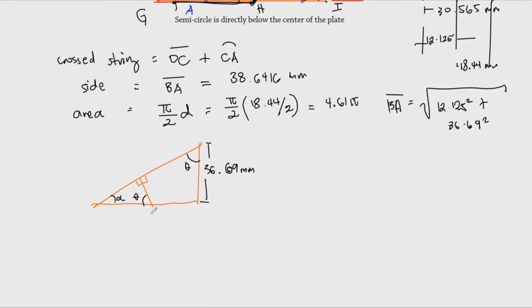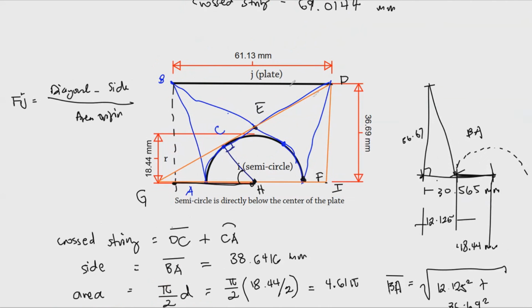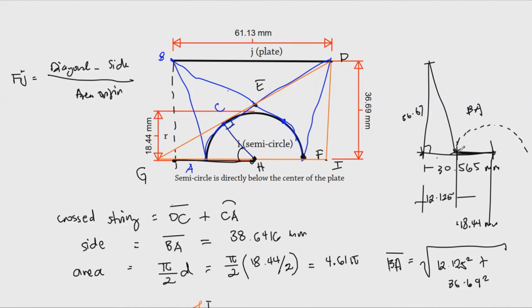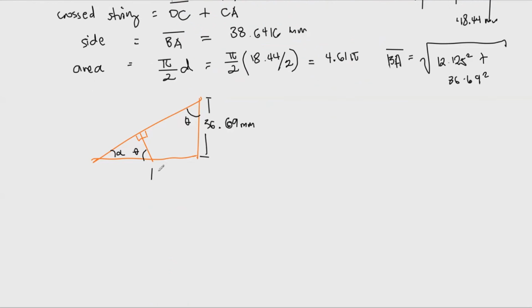And then this one, if we look here, at the edge of this plate through the center, we've already solved for that, and that's 30.565. So we can use that to give the value for this, 30.565 mm. And through here we don't have any value, so let's name that as x.